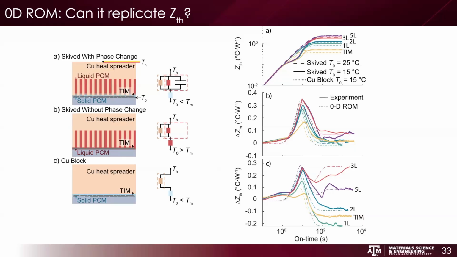Then you'd approach areas where it's not 1D heat transfer. Experimentally, if this composite was 100% pure PCM, it's never going to have a lower junction temperature than the copper block, even though it has a really high capacitance, because you can't wick away energy from the heat source quickly enough.